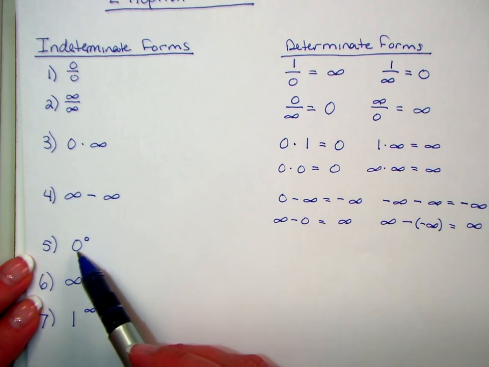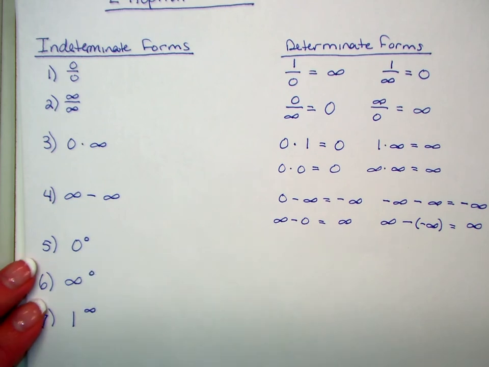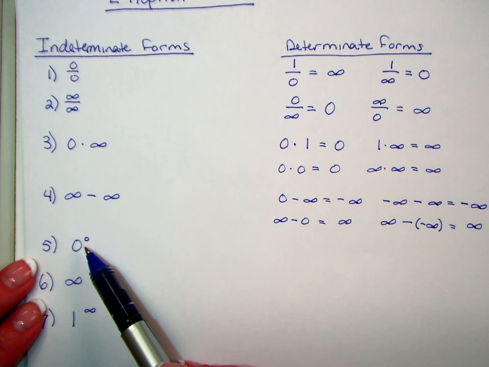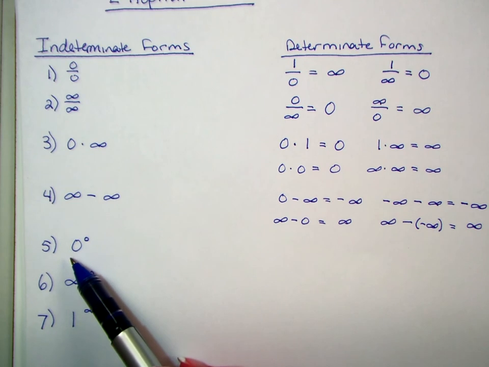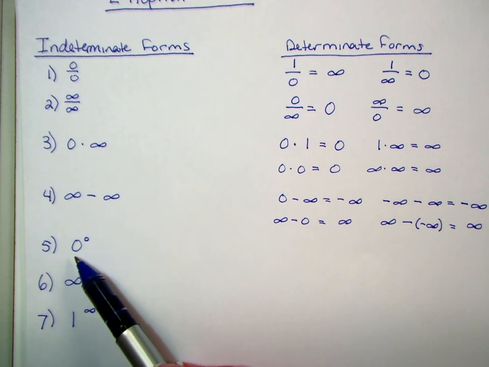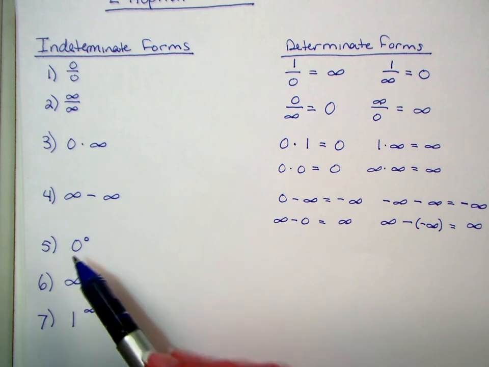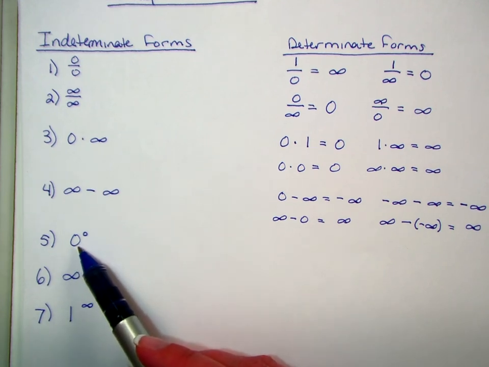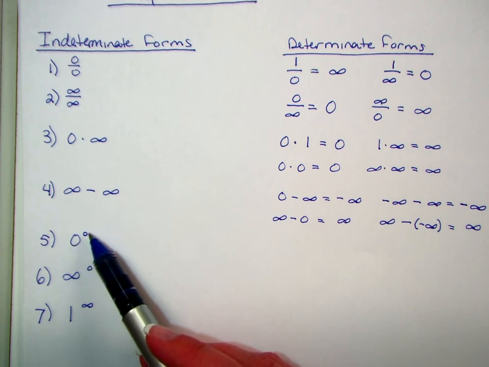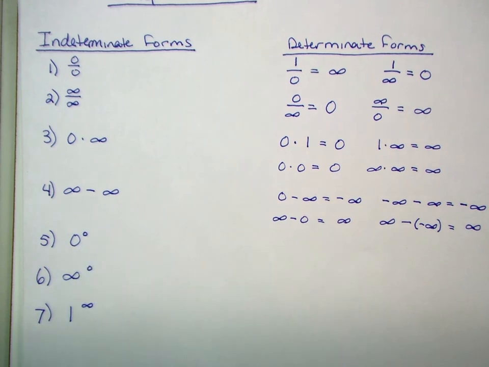So if we have 0 to the 0 power, I know you learned that anything to the 0 power is 1, but that's just simply not true. The base, a, has to be greater than 0. It always says a is greater than 0. And so that 0 exponent rule doesn't work here.